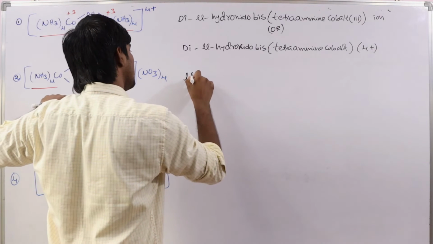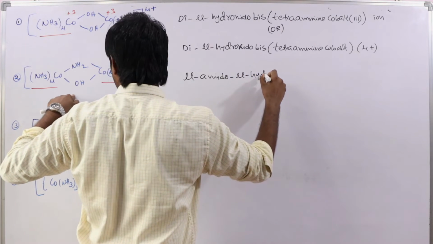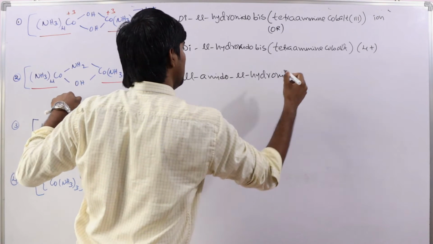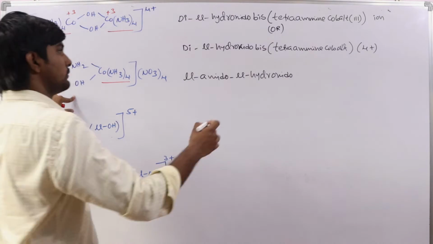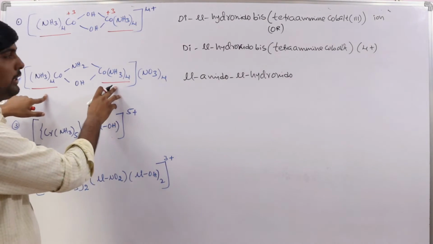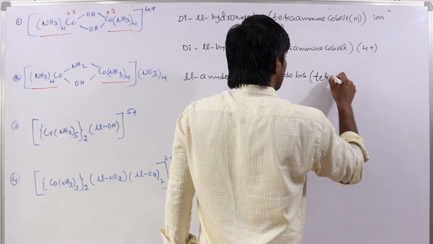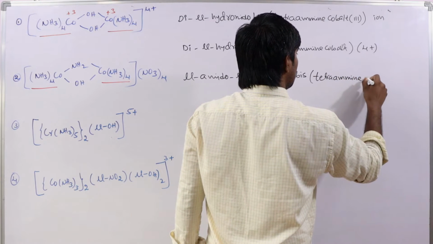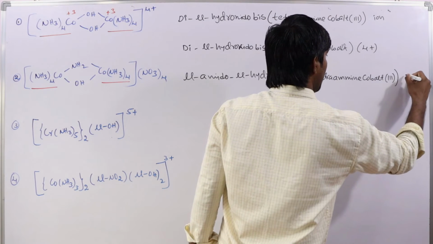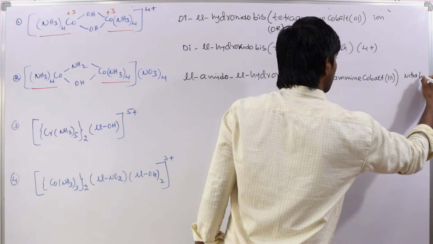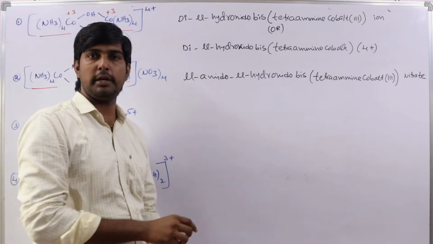So mu amido, mu hydroxido, two different bridged ligands. Now the same unit is repeating here, so bis tetraamine cobalt 3 nitrate, because here we have the nitrate ligand in the ionization sphere.